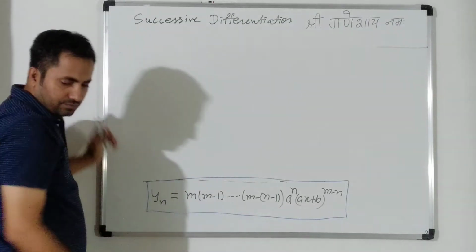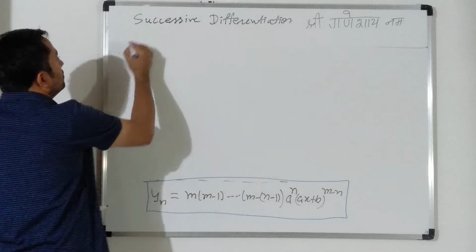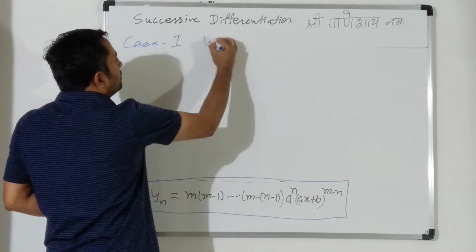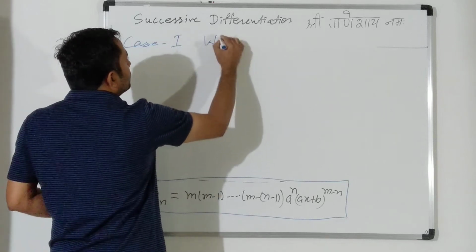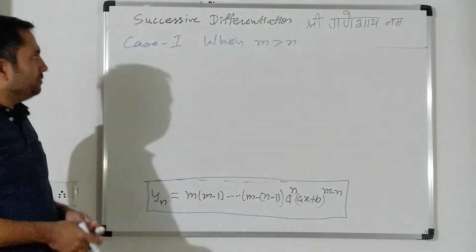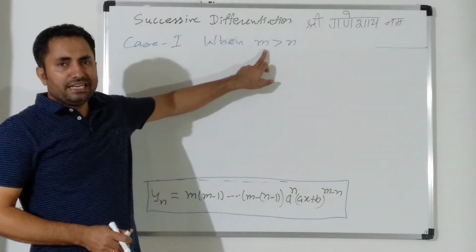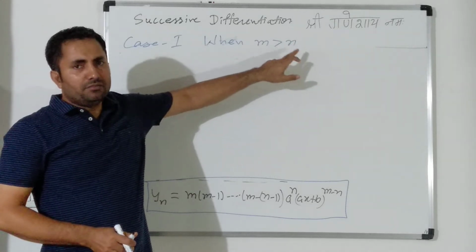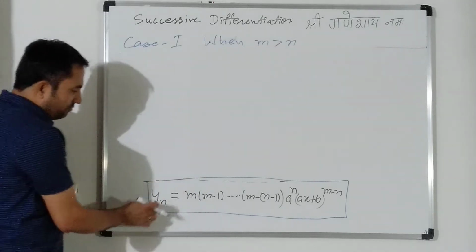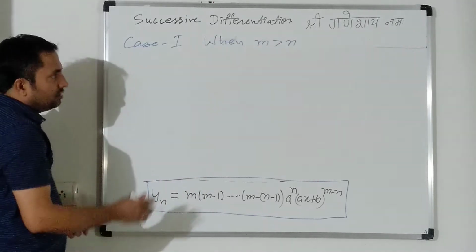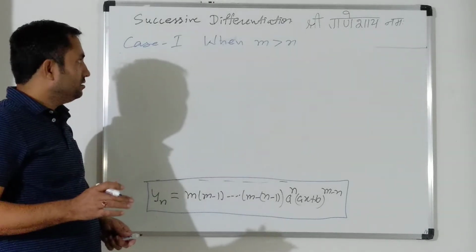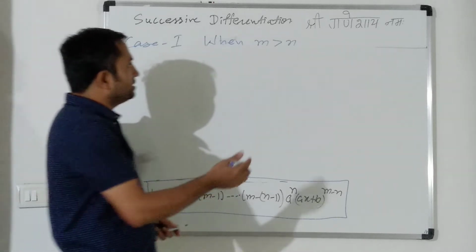The first condition, case 1, is when m is greater than n. m is the power of (ax plus b), and n is the number of derivatives we require. As you know, once the power is greater than the derivative order, there is no problem.